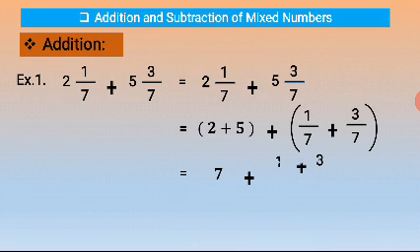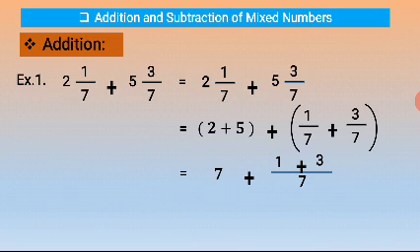First we write 1 plus 3 upon 7. The denominator is the same, so we write 7 only one time. Means here 7 plus 1 plus 3 upon 7.